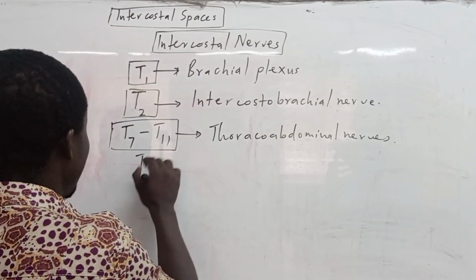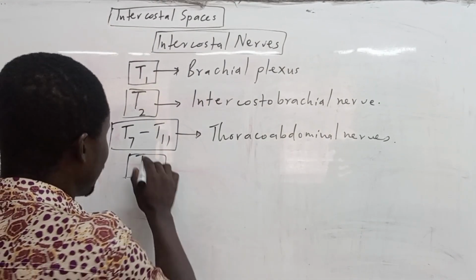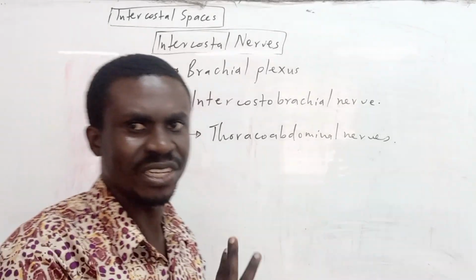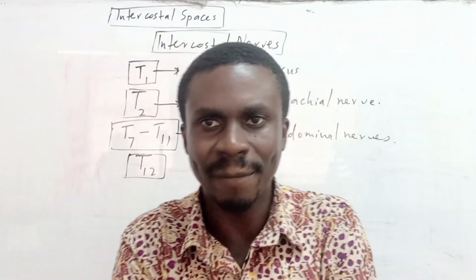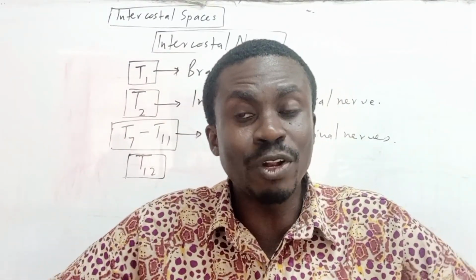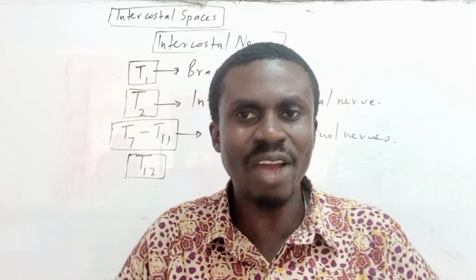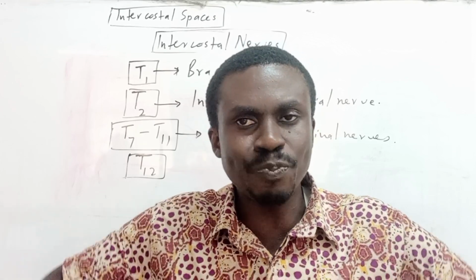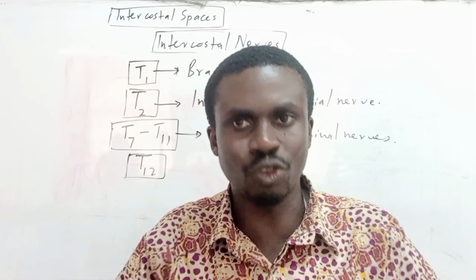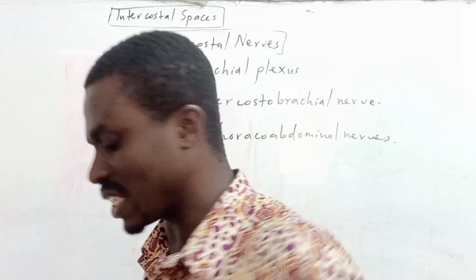Now, some people may write T12, but T12 is not an intercostal nerve. But let me put it down. Why is it not an intercostal nerve? Because it lies below rib number 12, and we don't have rib number 13. Because it's below a rib, and rib is costal, we say subcostal nerve.